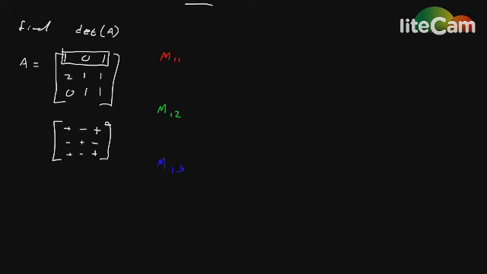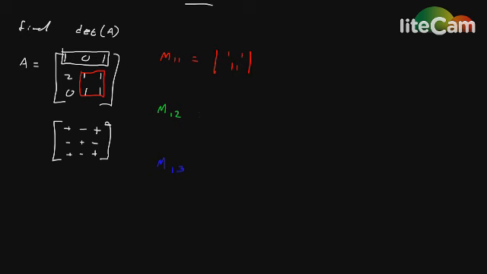Okay, so M11 is the matrix that's left behind when we delete row 1, column 1. So delete row 1, column 1, and we're left with this matrix here. So we find the determinant of 1, 1, 1, 1.